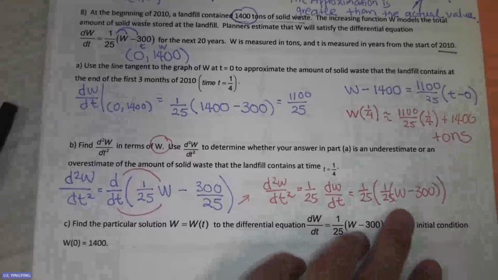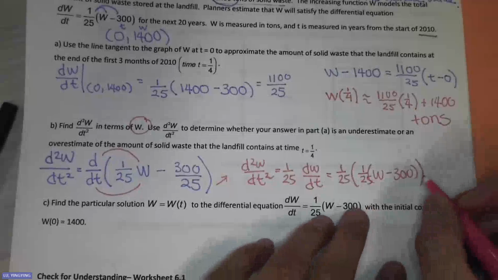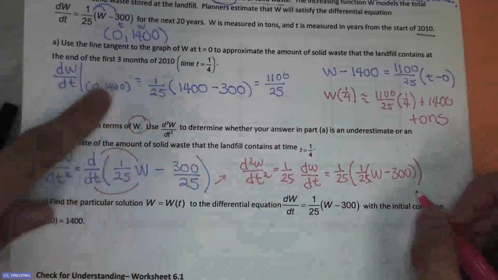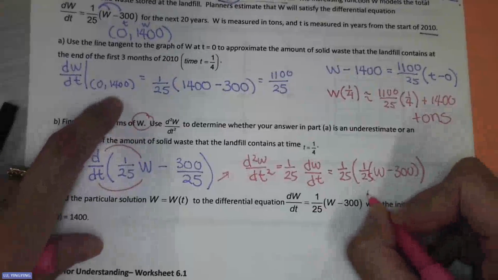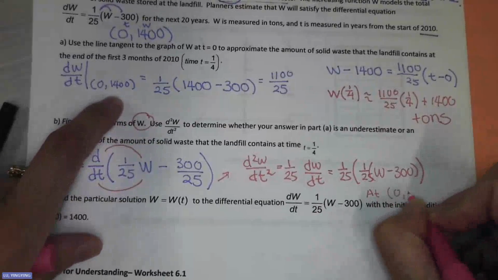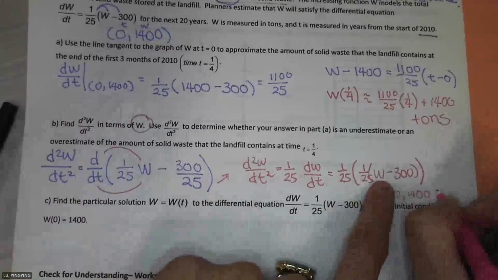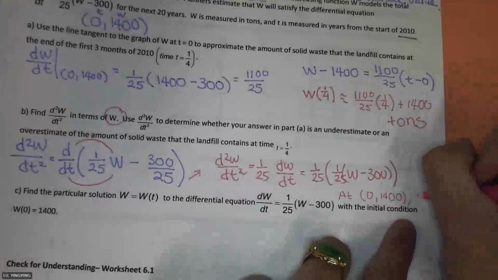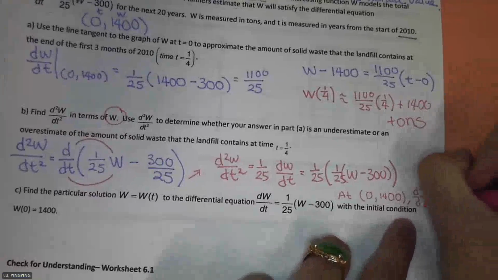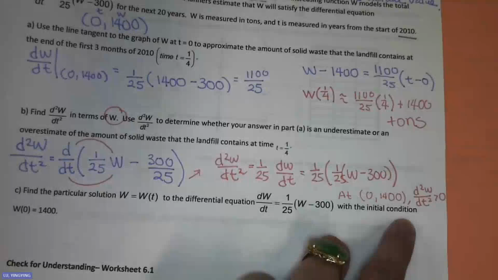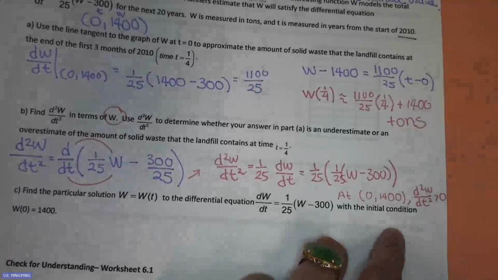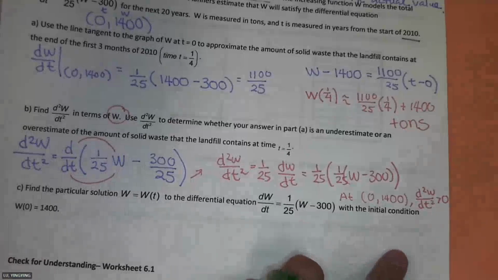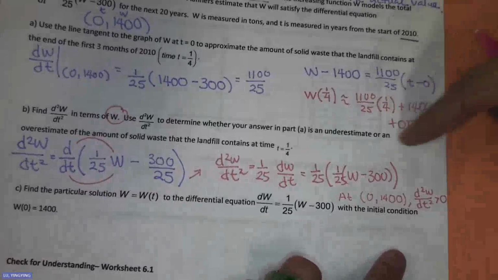Now, can you do the concavity in your head? I mean, we don't have to finish this. What point are we talking about? At 0, 1400. Is this positive or negative, guys? D squared W over dt squared, positive? That means the W graph is concave up, which means this is an underestimate.